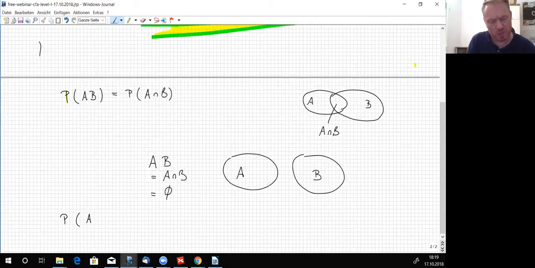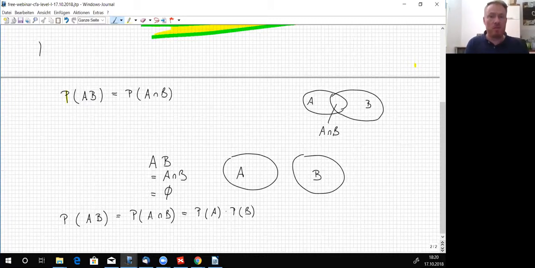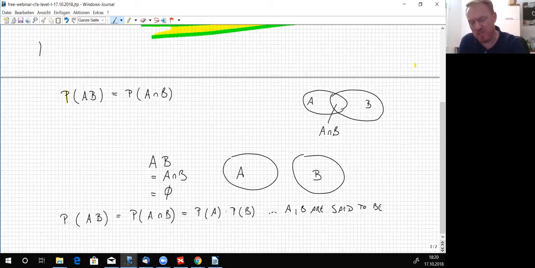A and B are independent from one another if the probability of A and B happening together is the multiplication of the probability of A and the probability of B. So if this holds true, then A and B are said to be independent.